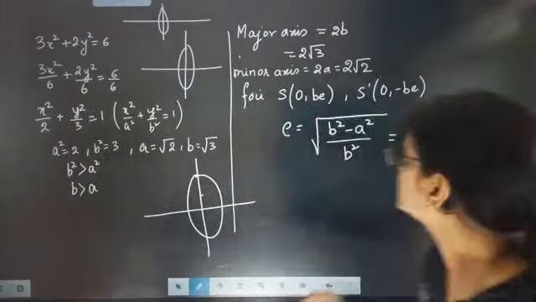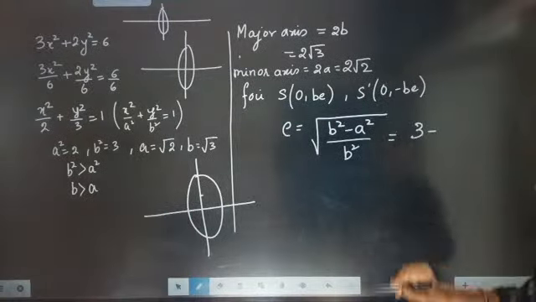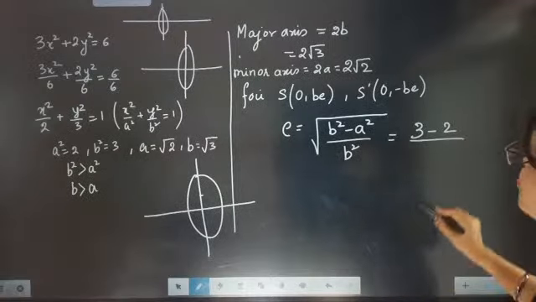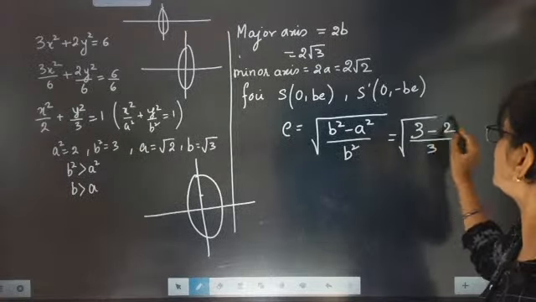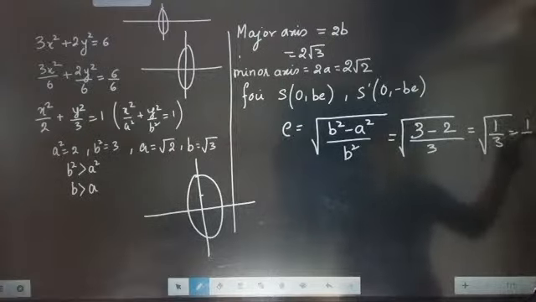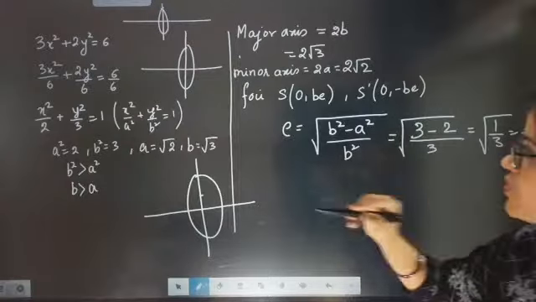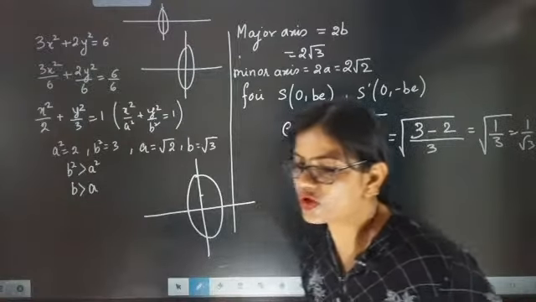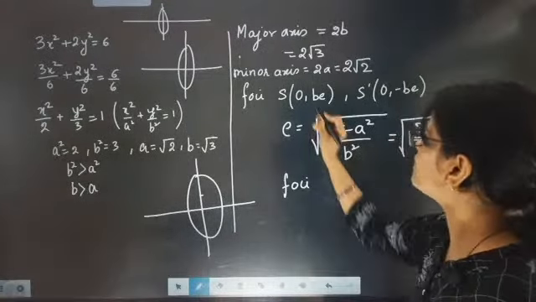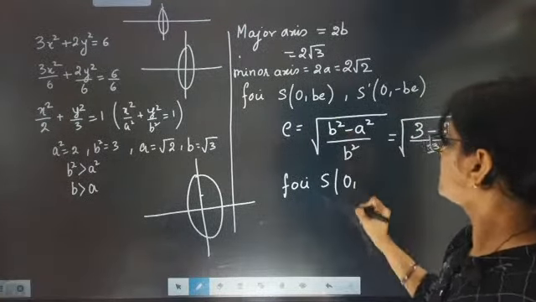B square is 3. So it is going to be 3 minus a square, which is 2, by b square, which is 3, all under root. So the eccentricity is going to come as 1 by root 3. So what will be the foci? That time the foci will come as S. What is b?